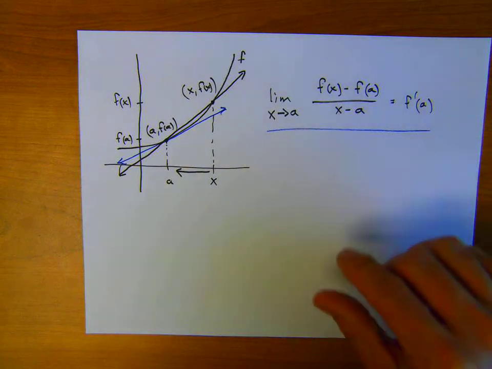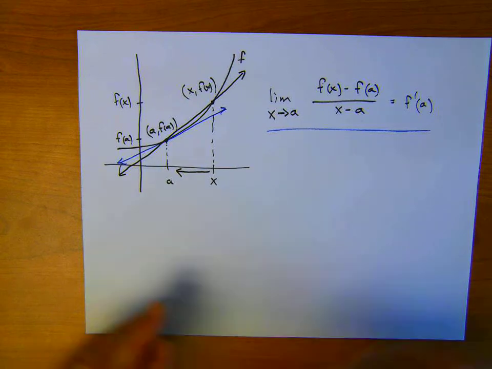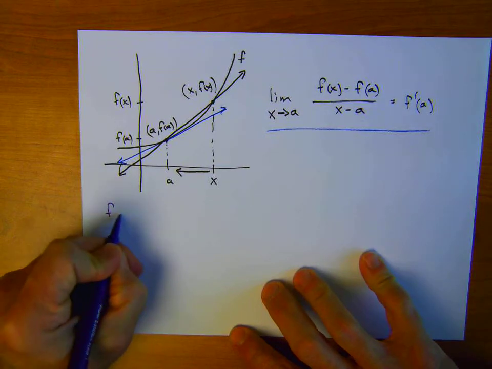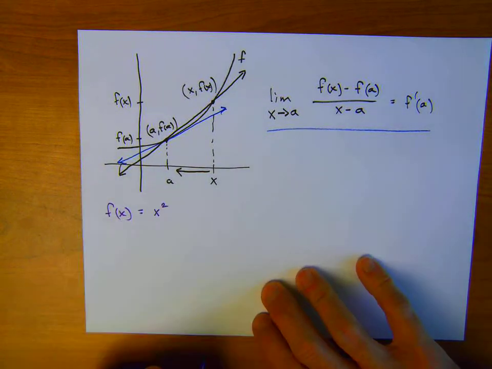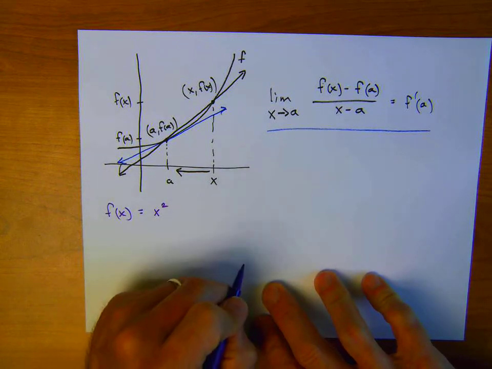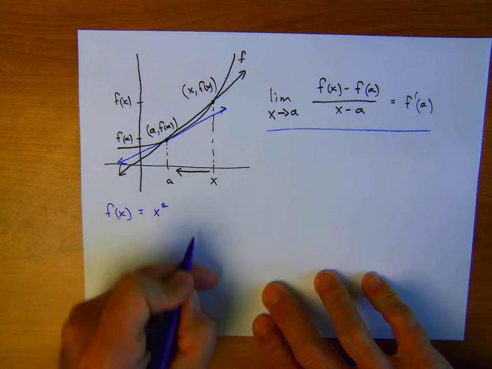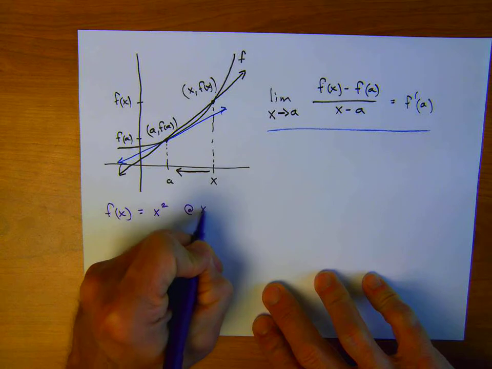Now I just want to go through a couple of quick examples to see how we would apply this to specific functions, because we have a lot of letters going on here. We got f's and a's and x's and h. So let's say f is x squared, and we want to find out what the slope of the tangent line, or the instantaneous rate of change of this function is right at the point where x equals 2.